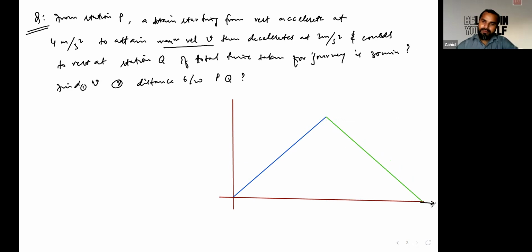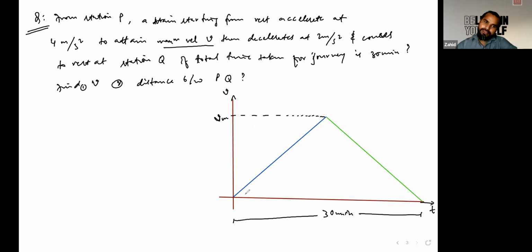So this is your time axis and this is your velocity axis. And this will be your maximum velocity according to the given situation. Let's call it V or V max. The total time taken for this entire journey is 30 minutes.